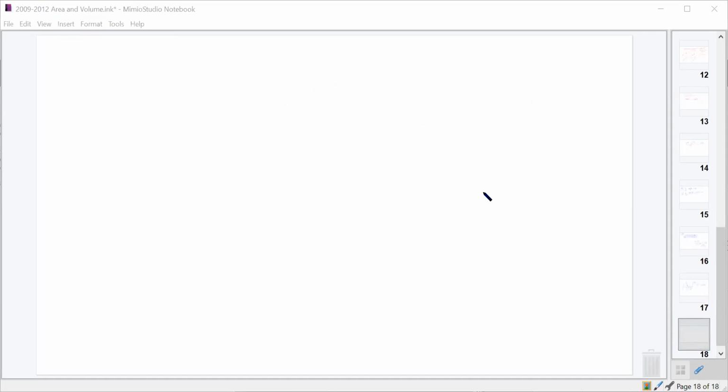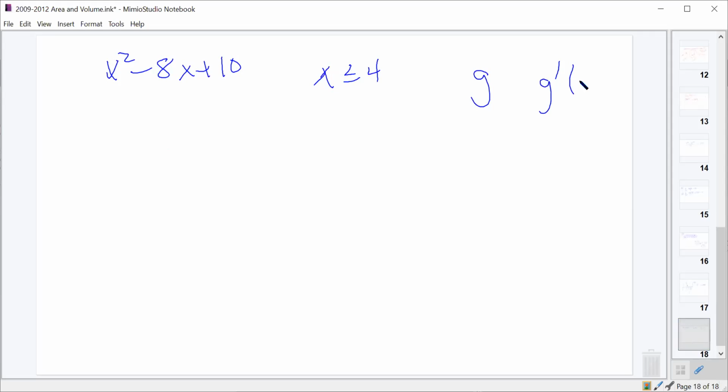So 76, they're talking about the left half of this parabola, x squared minus 8x plus 10. So basically, x less than or equal to 4. They're calling it a one-to-one function, therefore it has an inverse that's also a function, and we're calling that inverse g. And we want g prime of 3.